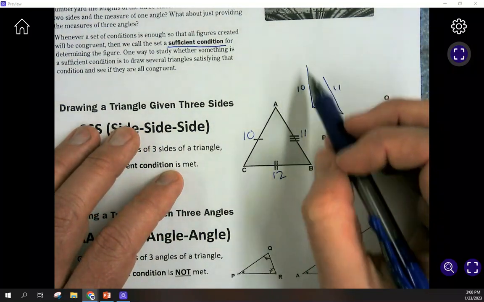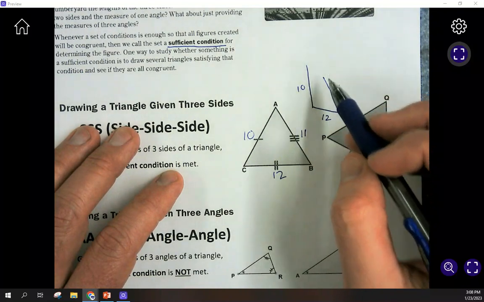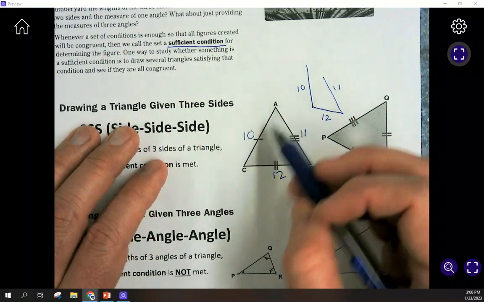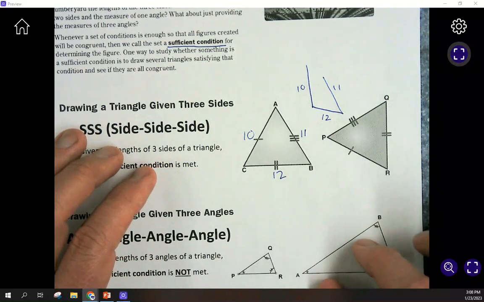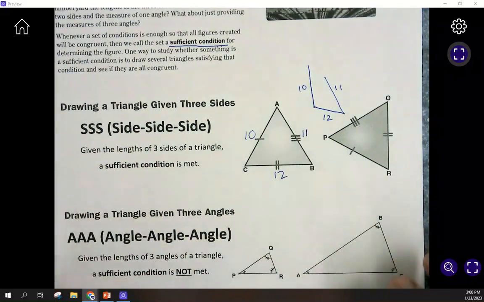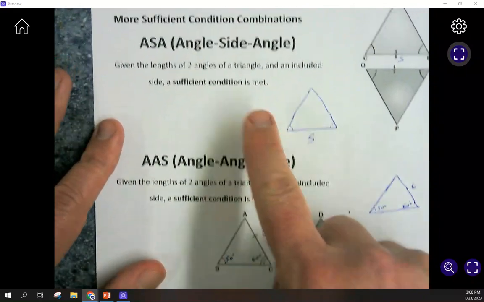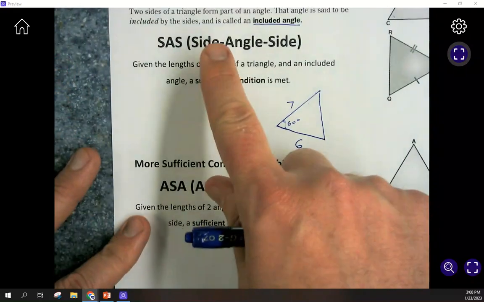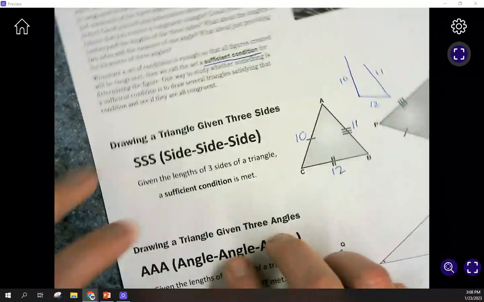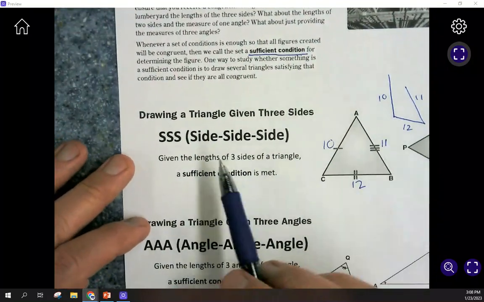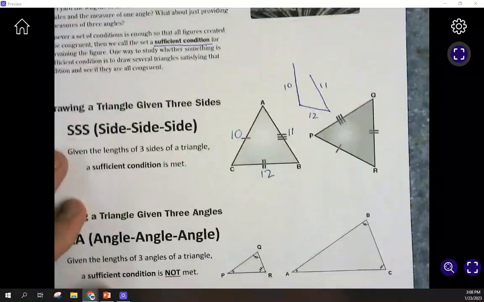So if I could draw these 3 sides and actually get them to connect, I am going to have a congruent triangle to the original, and that's why side, side, side works. Okay, so we have angle, angle, side, angle, side, angle, side, angle, side, and side, side, side. Those are the sufficient conditions for creating a congruent triangle.